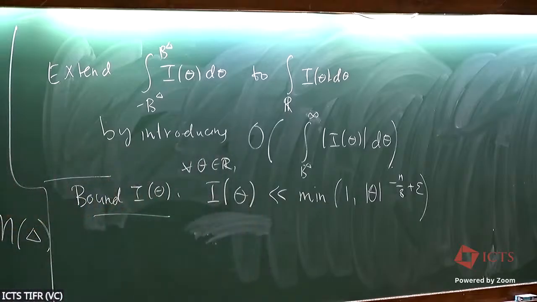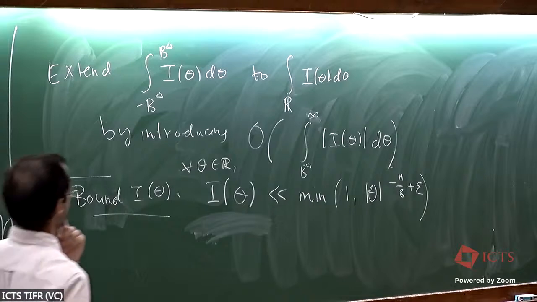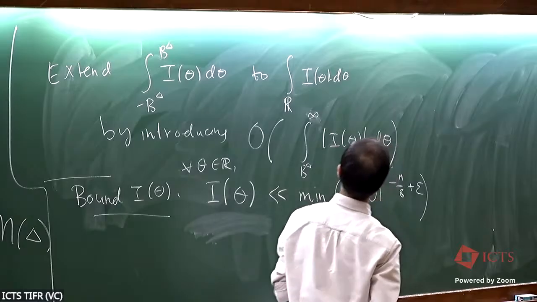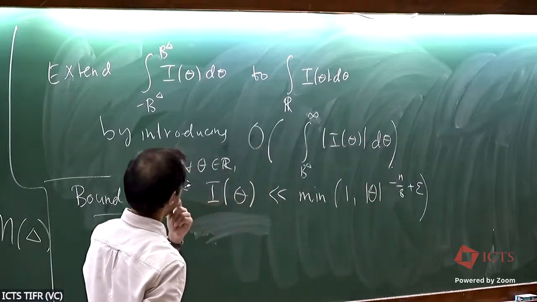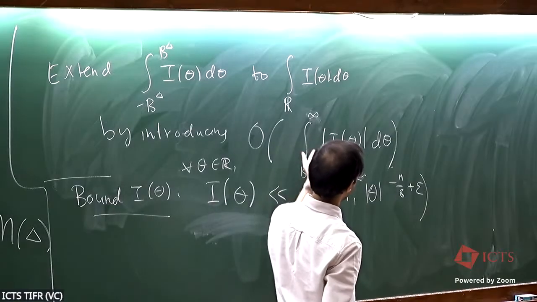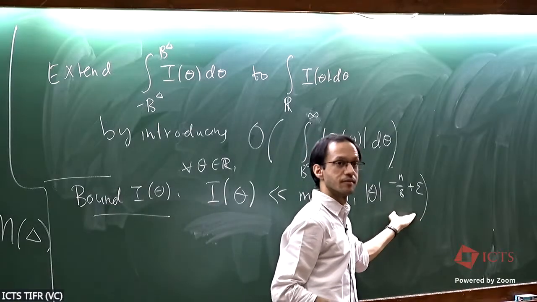Let's try to see if that is sufficient somehow. If you plug in this bound right over here, then notice that theta is going to be bigger than b to the delta over here, so that the minimum is this term.